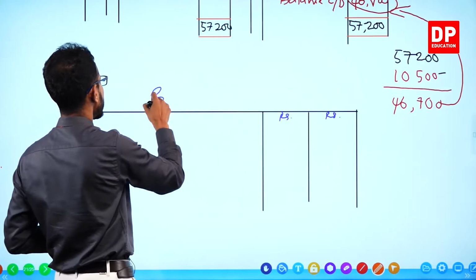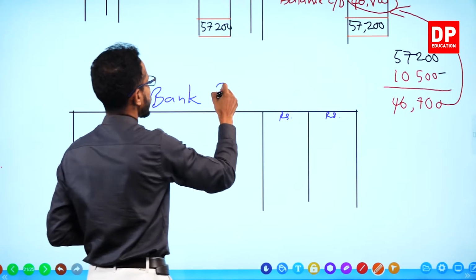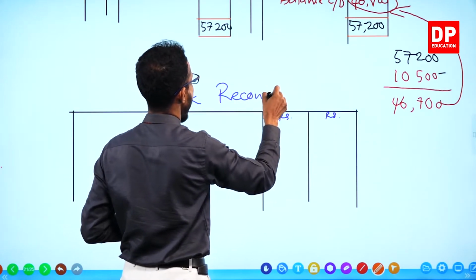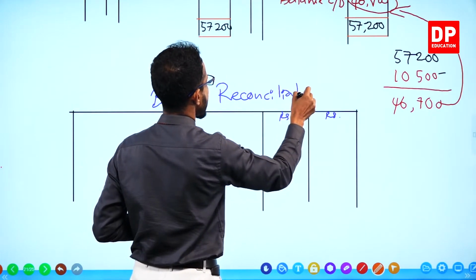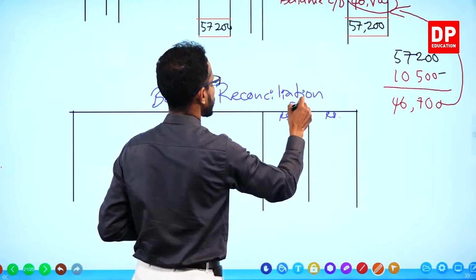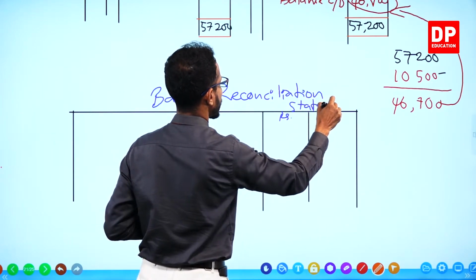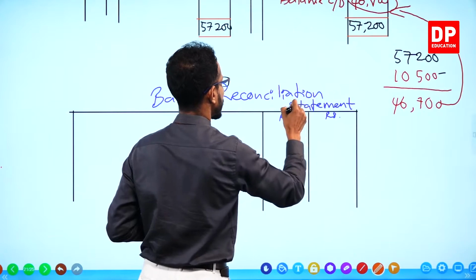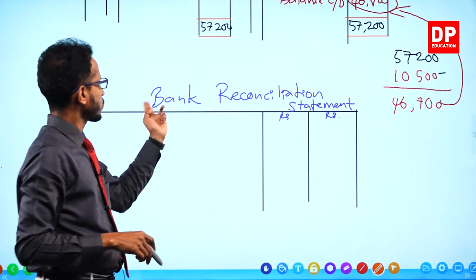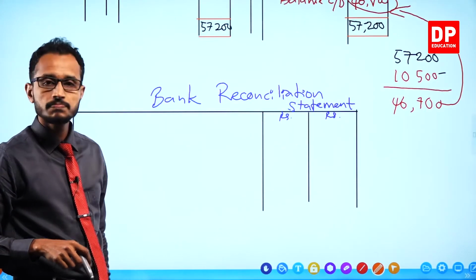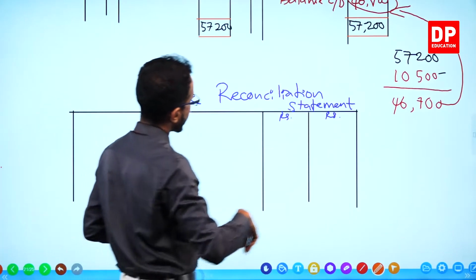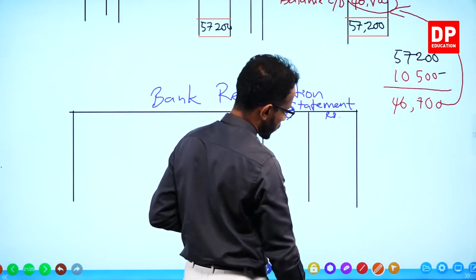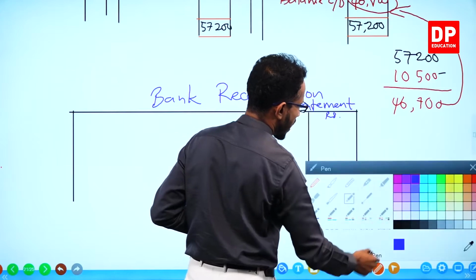Just name it as bank reconciliation statement. Bank reconciliation statement. Okay, start the bank reconciliation statement with the adjusted bank account balance.